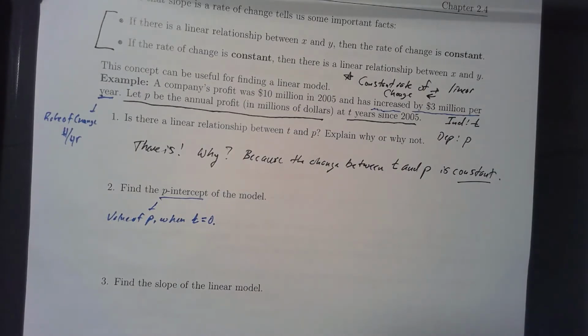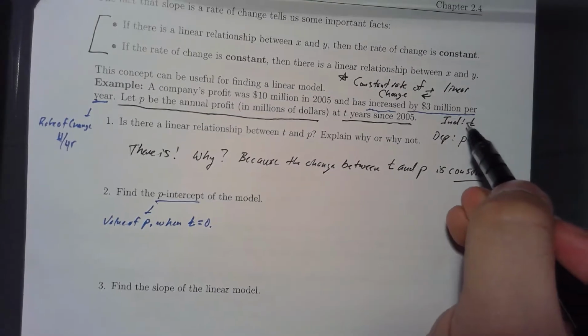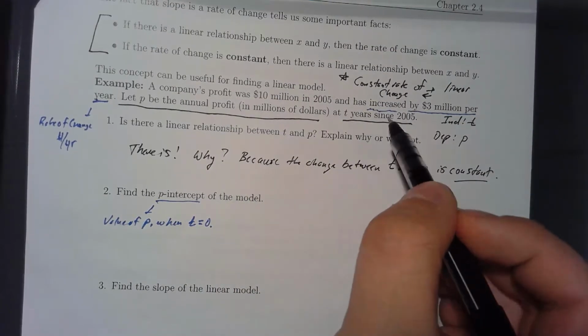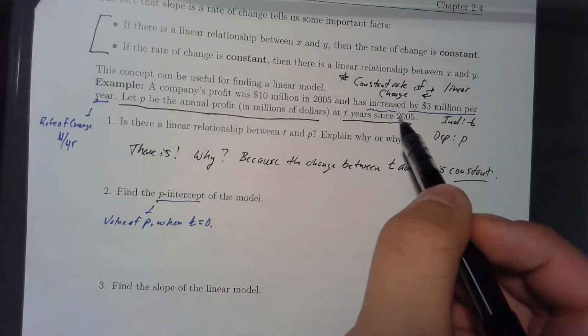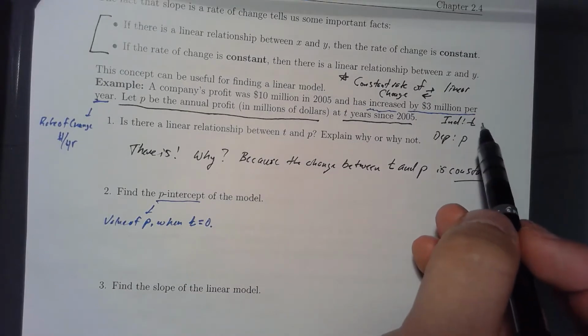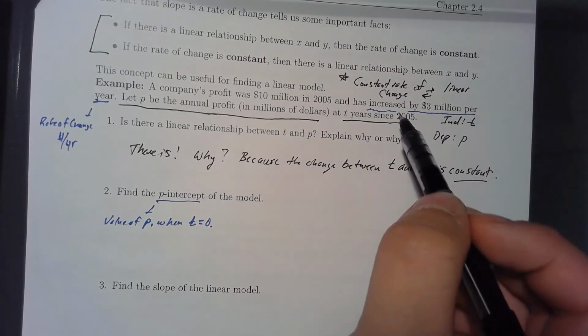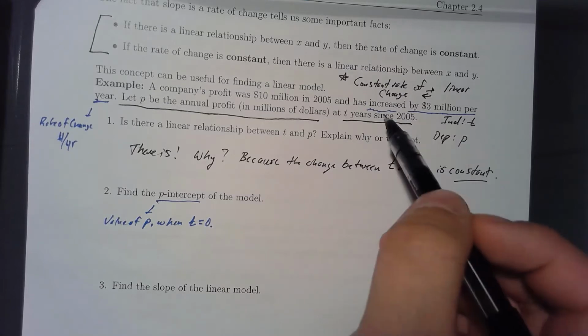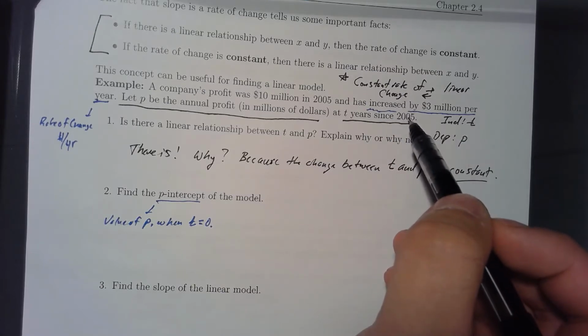So when t equals 0, what does that mean? T is years since 2005. When t equals 0, what year is that? That's going to be the year 2005, right? 0 years since 2005 is 2005.